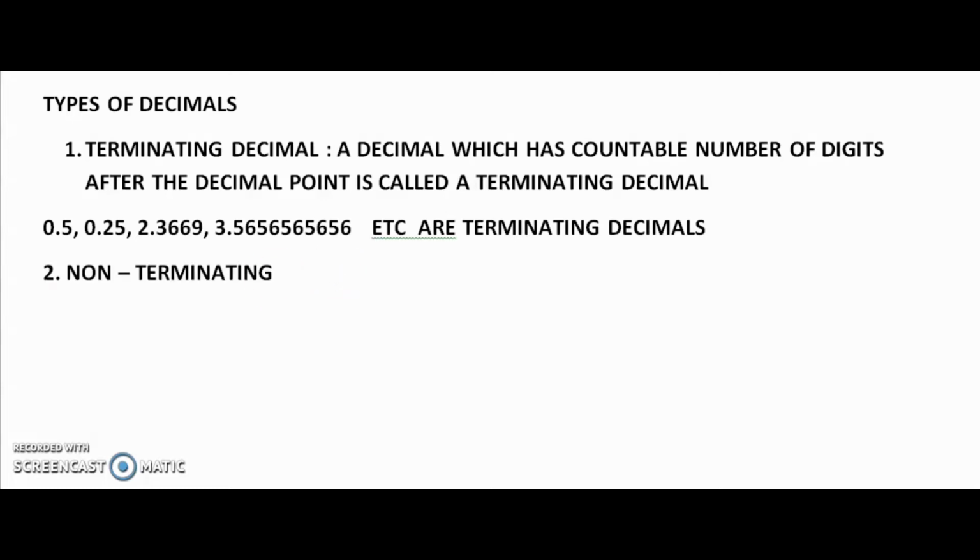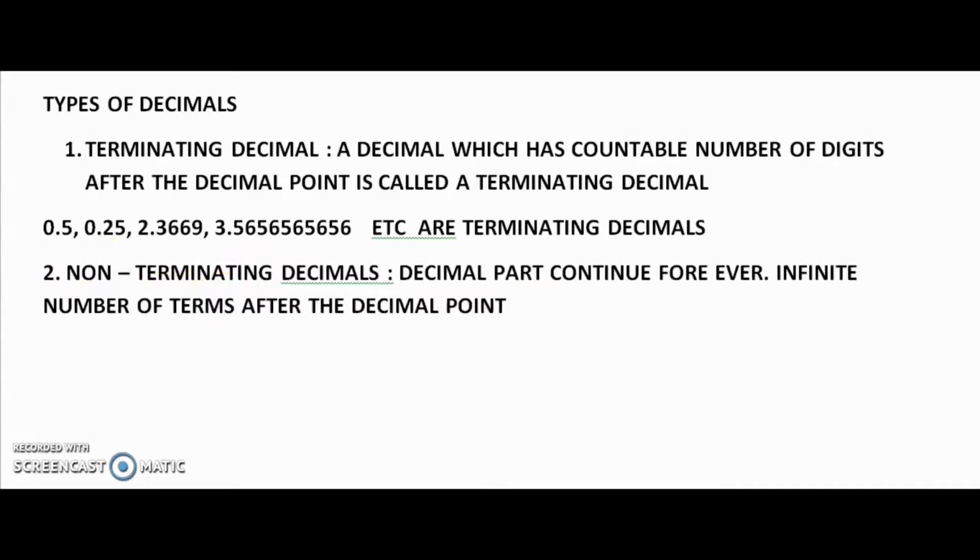Okay, but when we consider non-terminating decimals, they have an infinite number of digits. The decimal part continues forever.